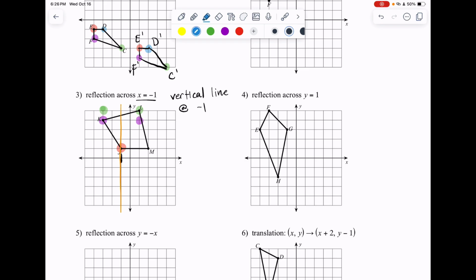And then finally, the M down here is 3 units to the orange line. So I'm going to go 3 units on the other side. 1, 2, 3. Now I need to connect this new shape. So I got these here.